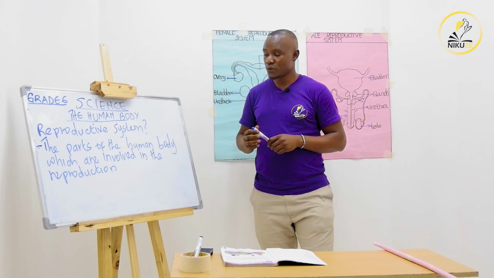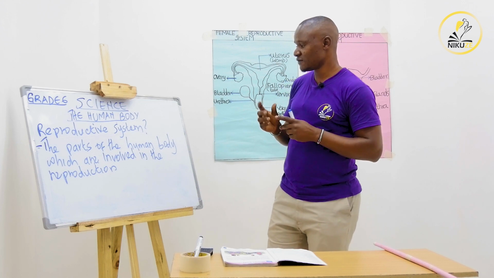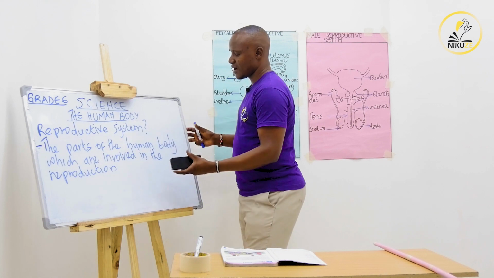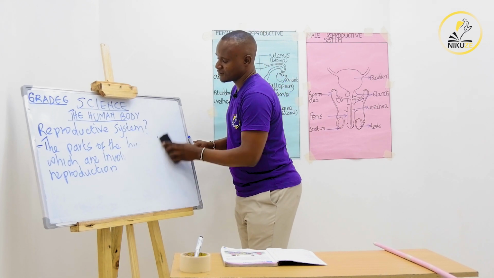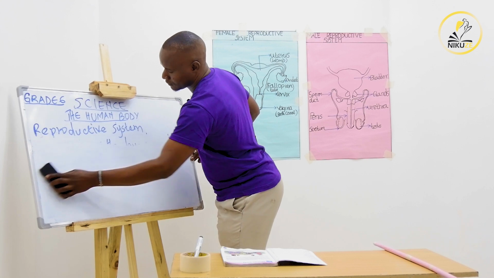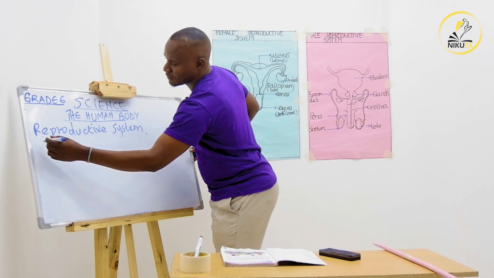So from there, we are going to have a look. We have got two types of reproductive system: the male reproductive system and the female reproductive system.